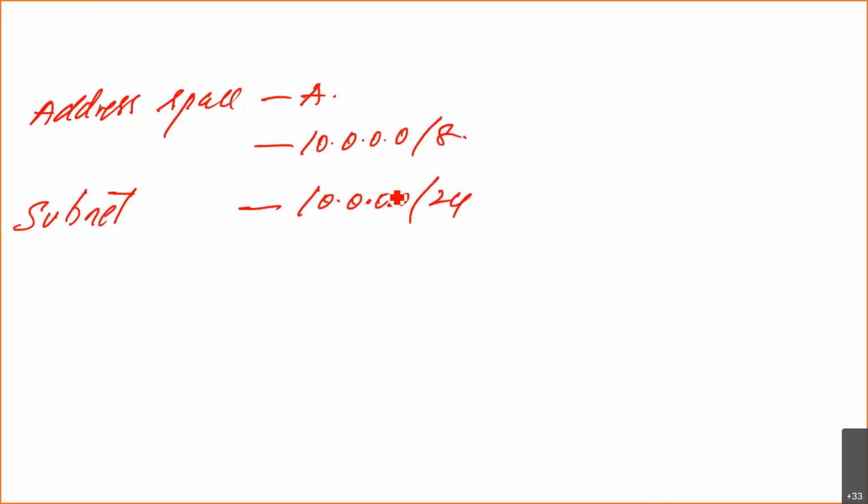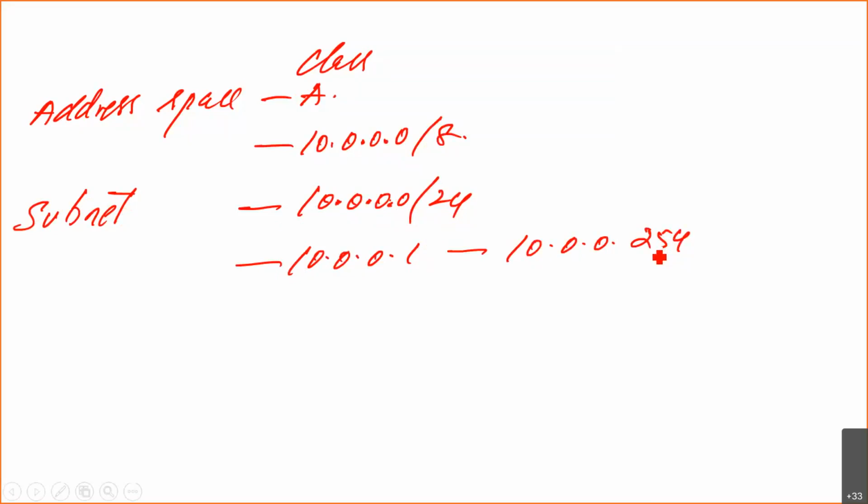My address space is 10.0.0.0/8, class A, but the subnet is 10.0.0.0/24. So I will get addresses from 10.0.0.1 to 10.0.0.254 in every subnet.